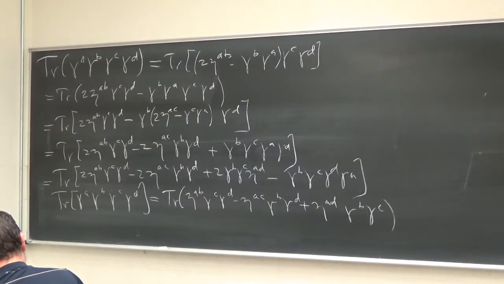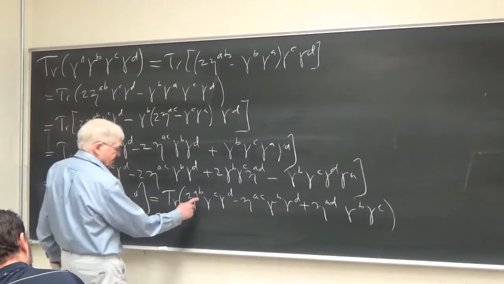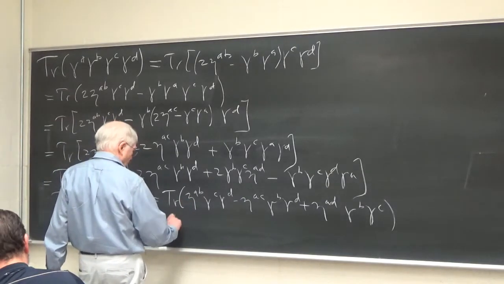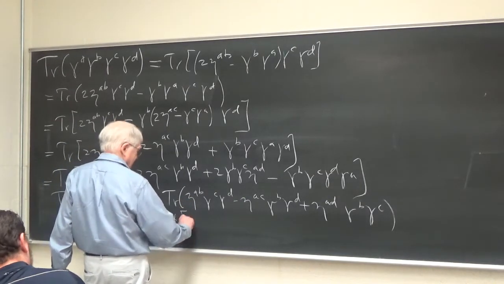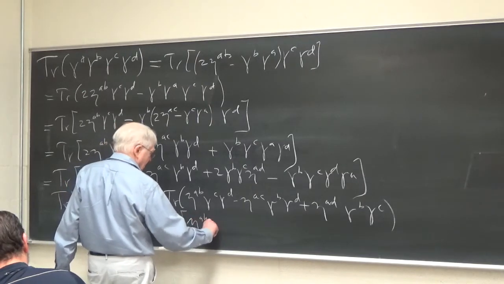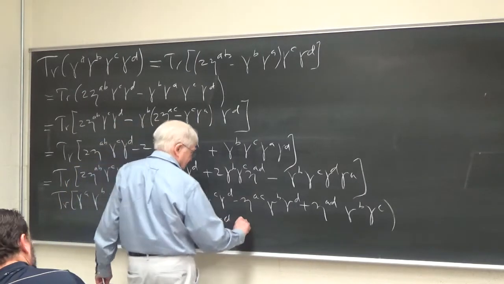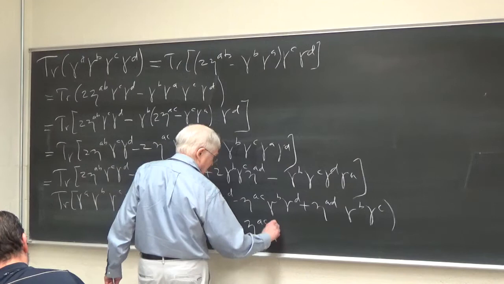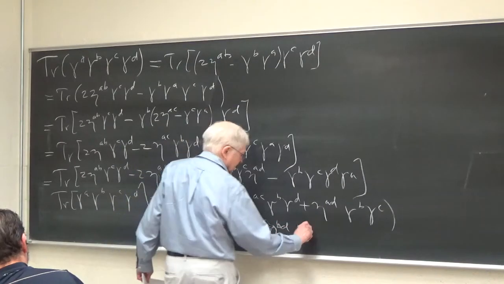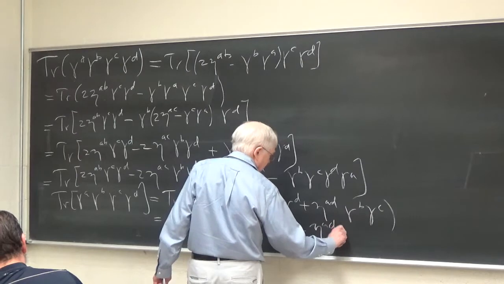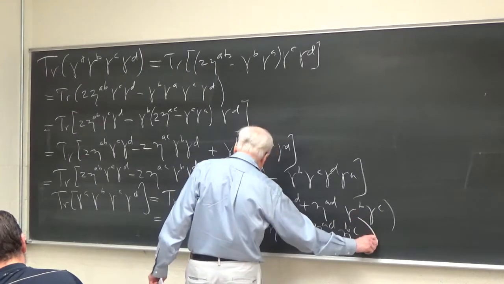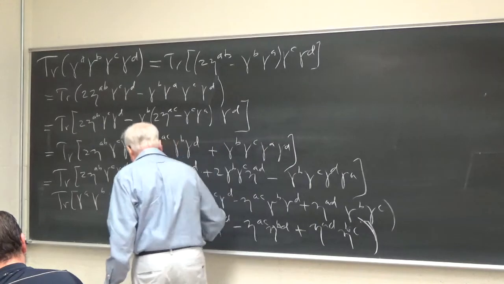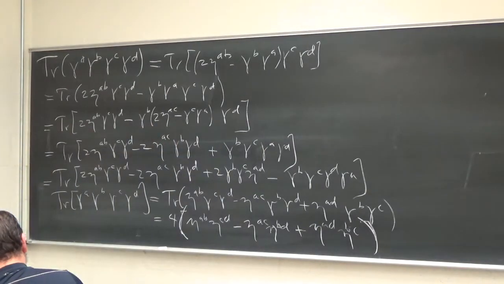Trace of two gammas is 4 times an eta. And so this is then 4 times η_AB η_CD, minus η_AC η_BD, plus η_AD η_BC. So that's this formula for the trace of the product of 4 gamma matrices.